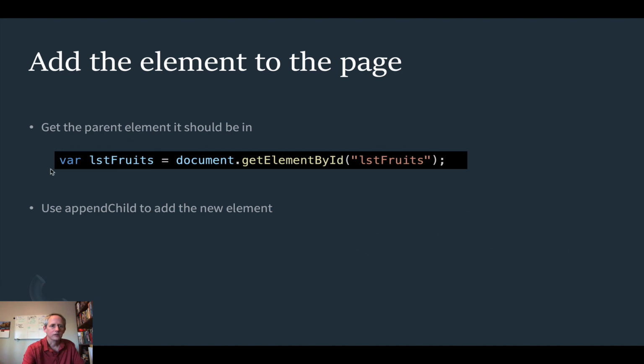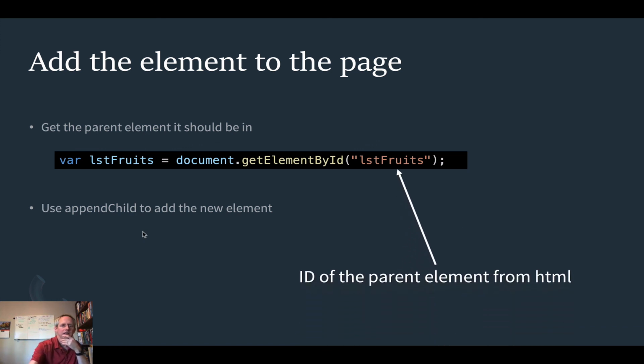So we grab the parent. I've got an unordered list called lstFruits. So I say var lstFruits equals document.getElementById lstFruits. That grabs that list, which at the start is empty, and it puts it into this variable. And then I'm going to use appendChild to add the new element.